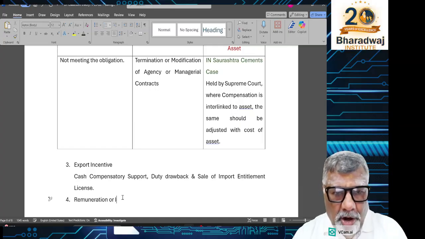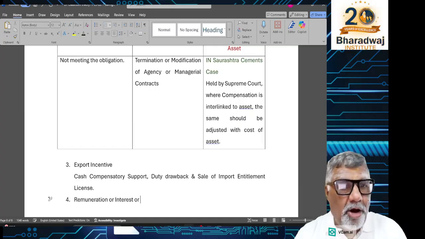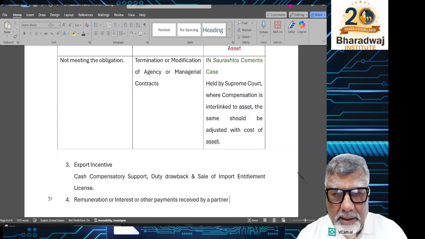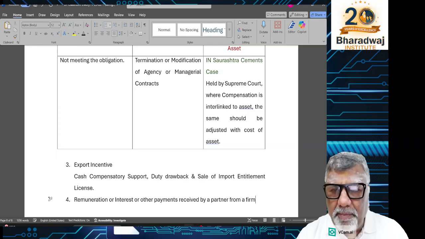Remuneration or interest or other payments received by a partner from a firm.